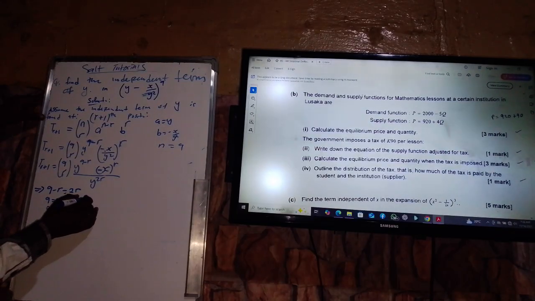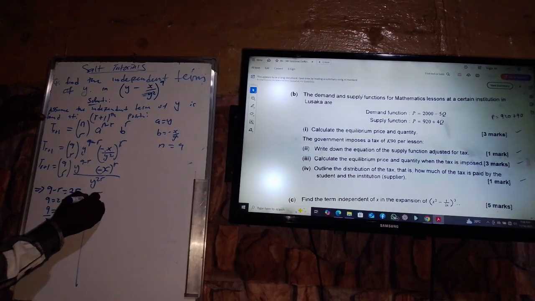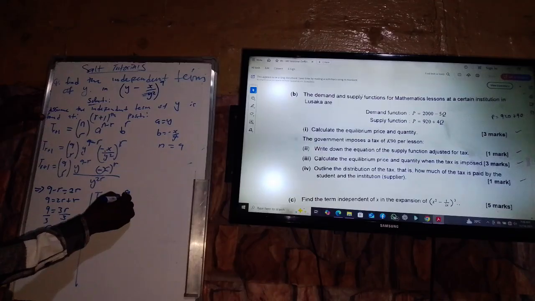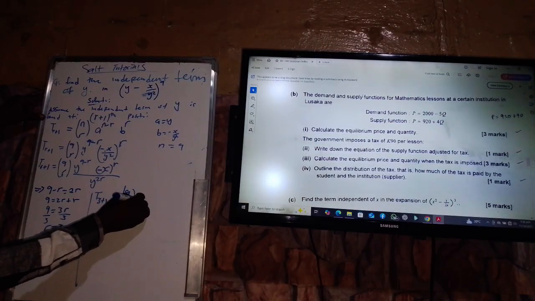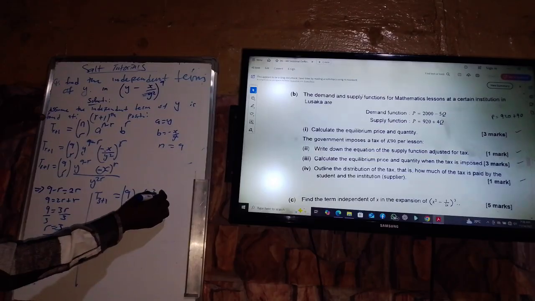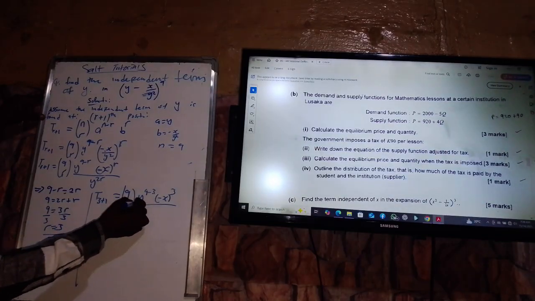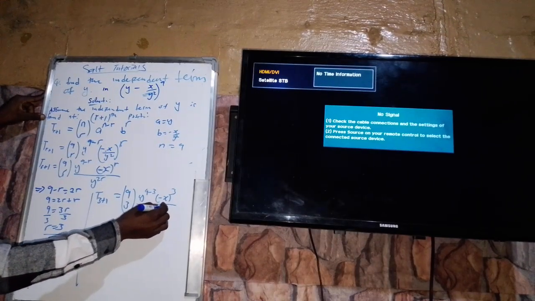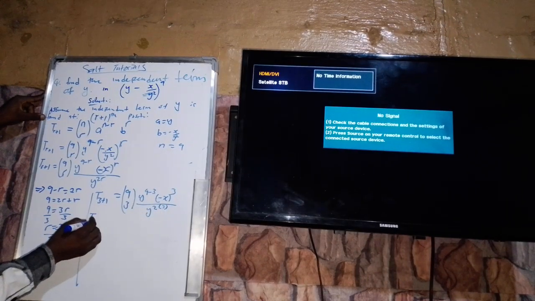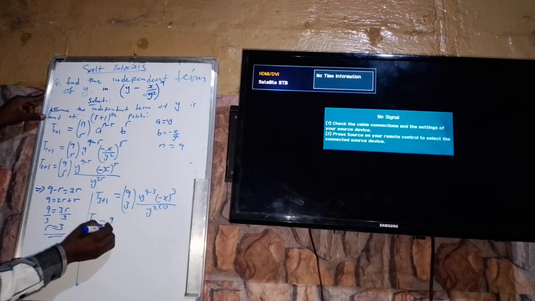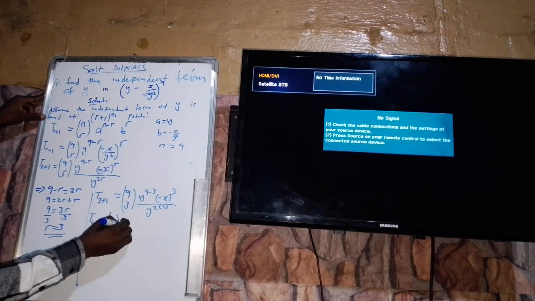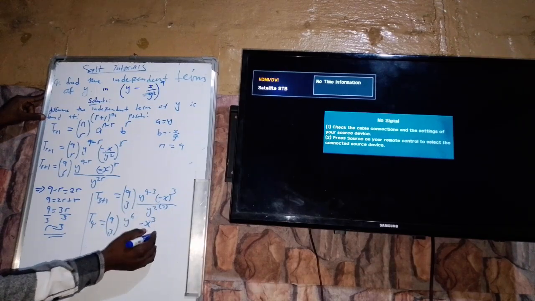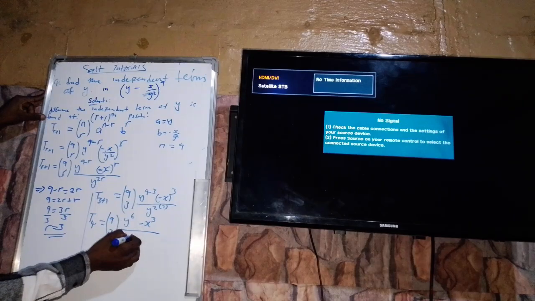So our independent term is T 3 plus 1, where r is 3, equal to 9 combination 3, y to the power 9 minus 3, negative x to the power 3 over y to the power 2 times 3. So this is T4 equal to 9 combination 3, y to the power 6, negative x to the power 3 over y to the power 6.